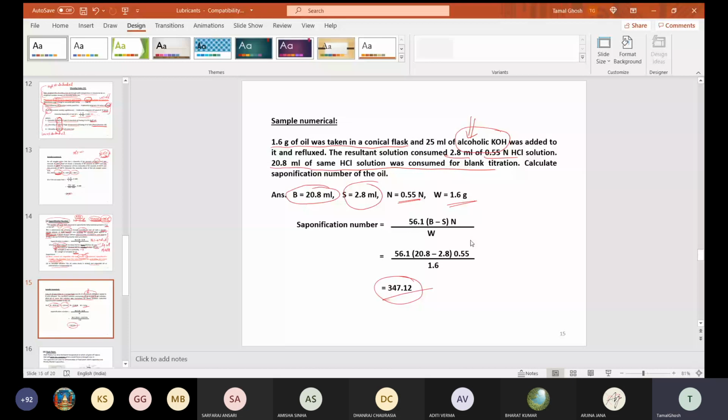In many cases the oil is lighter, so it will be floating above the aqueous phase, and even if we heat it for a whole day, no result will come out. So the oil must come into the same phase in which KOH is present. That is done by using ethanol, C2H5OH. I think it is known to you.